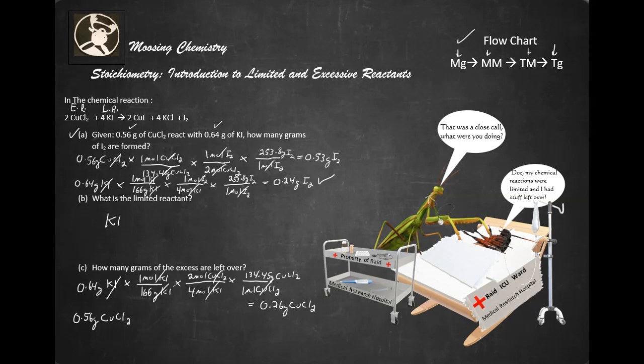Now what we do is we take the 0.56 minus 0.26 grams, and what's left over of our excess, still our excess amount, is 0.30 grams of copper chloride left over.